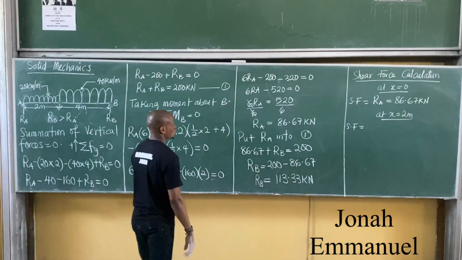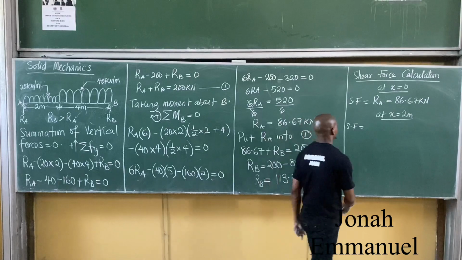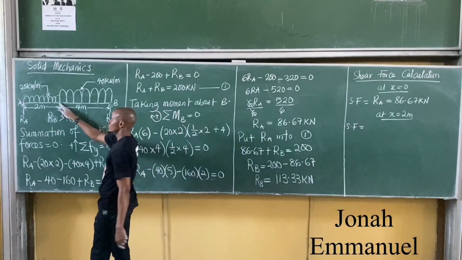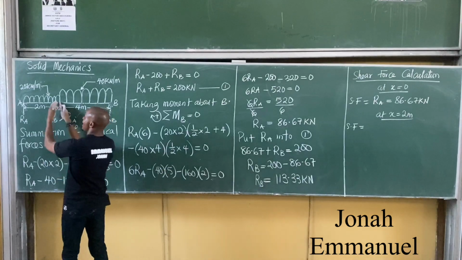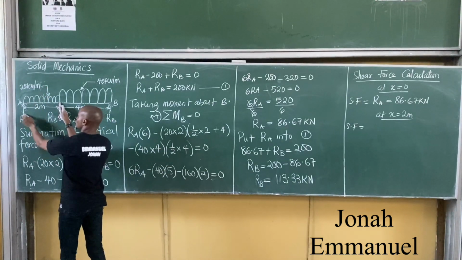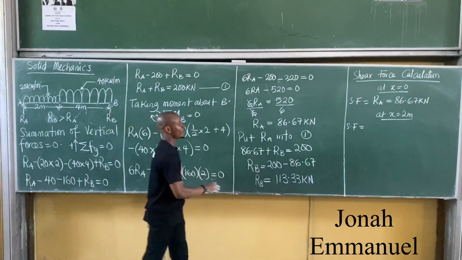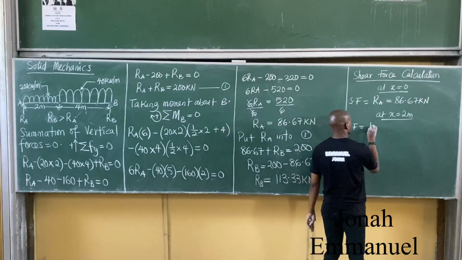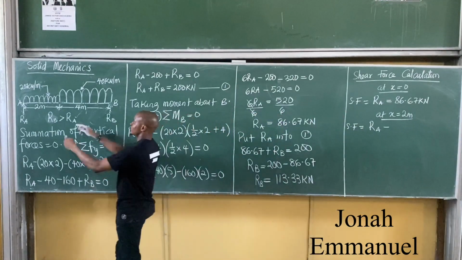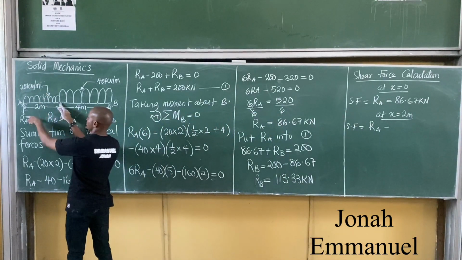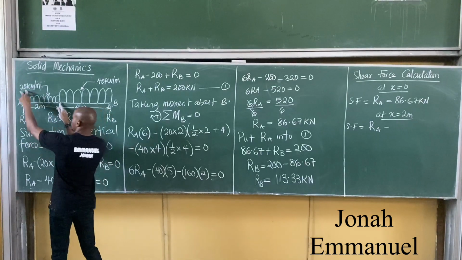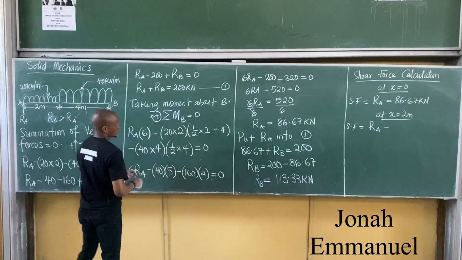So at x equal to 2, here's my point. Before this point, how many forces are there? 2. This one is going upwards, that's RA. UDL is coming downwards, becomes minus. Convert UDL to point load, 20 times 2.